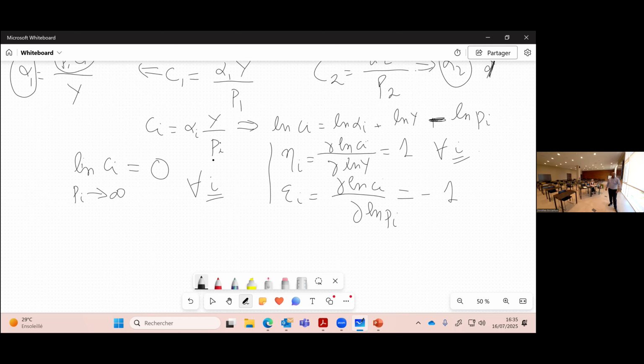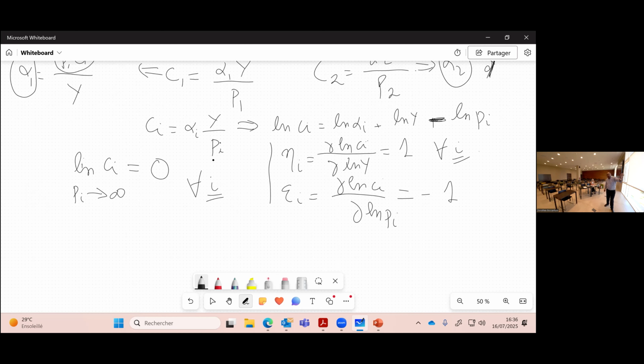Why? Because if we are consuming bread or milk or eggs, if the price increases, the demand decreases and goes to 0. This is an unrealistic situation. For this limit, researchers proposed to use an alternative specification in a CGE model.